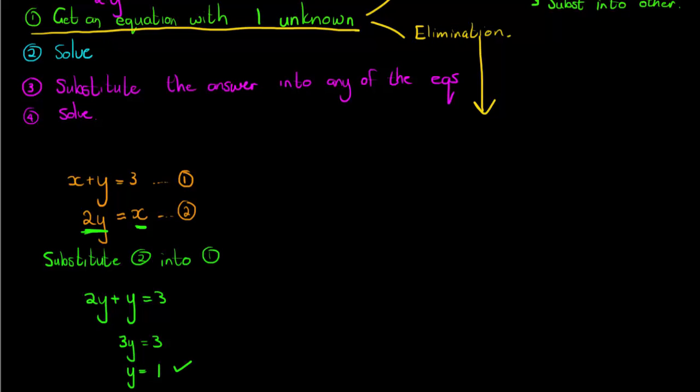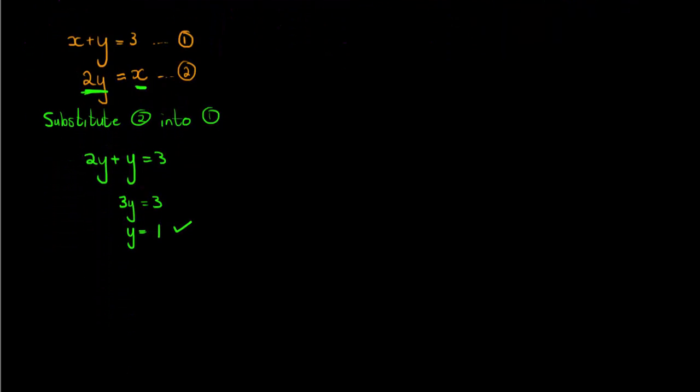So I've solved the one. All I need to do now is substitute to solve the other one. Usually you just substitute in the one you originally solved. x was solved, but let me do it the correct way.